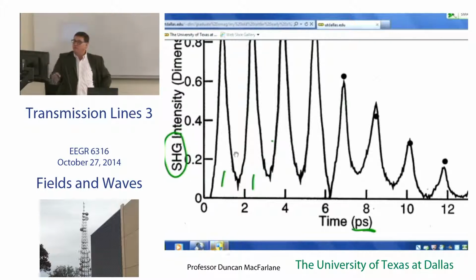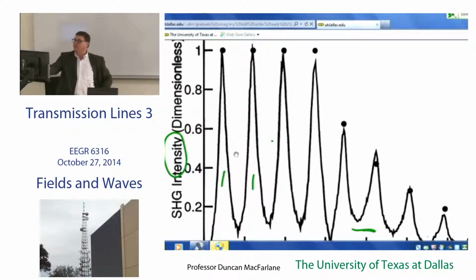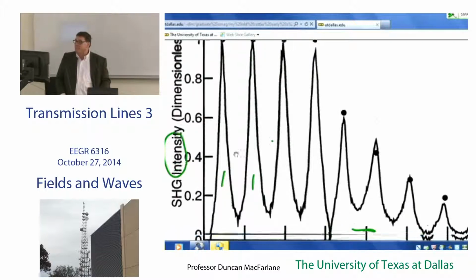So this is the number of photons for the second harmonic generation. And you can see that with the right mirror reflectivities, we do a pretty good job of getting the four pulses to line up, and then we see the exponential decay behind it. So the structure here, we're coming in with a short, sharp pulse, and we're seeing a train of pulses come out of that.